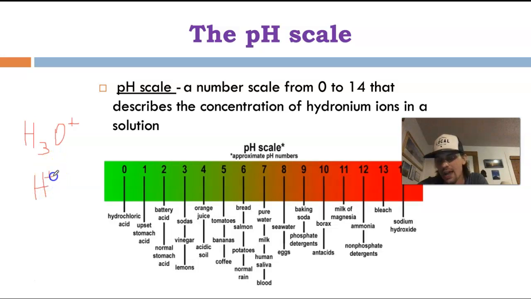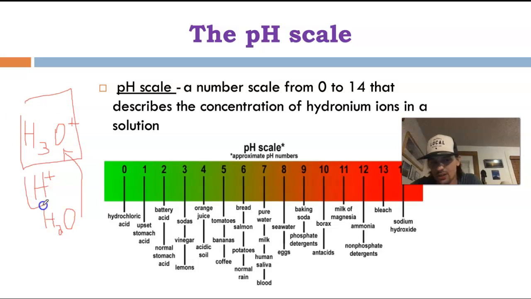Why? Because when I have H+ in water, it attaches itself to H2O and creates hydronium, H3O+. So the pH is a measurement of how much H3O+ or H+ there is in a solution. They're the same thing. They go hand in hand.